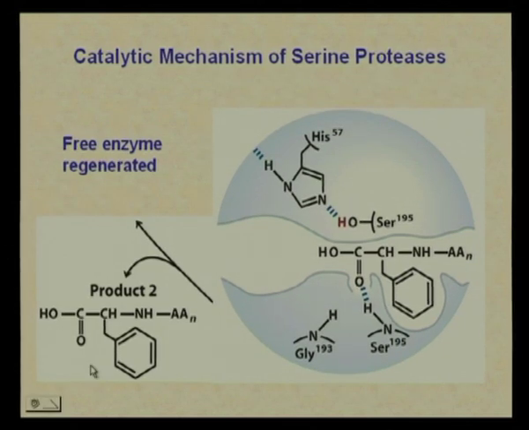So, we have what is the second product then? This is now generated, C double bond OH with this. So, this is our second product. What happened then? We had the cleavage of a peptide bond. What do we have? We have histidine back to where it was, serine back to where it was.